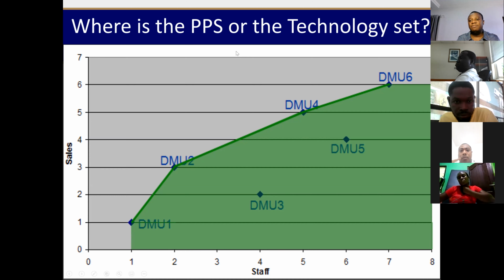If you are trying to estimate the input efficiency of the DMU, how will you do it?